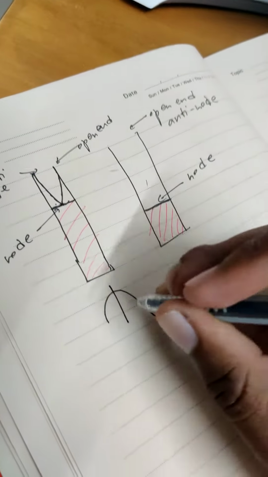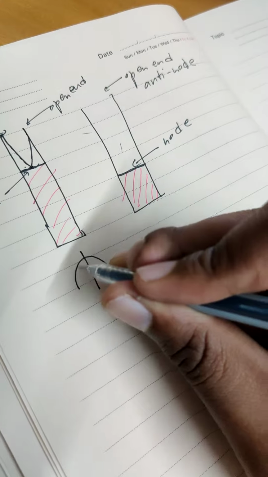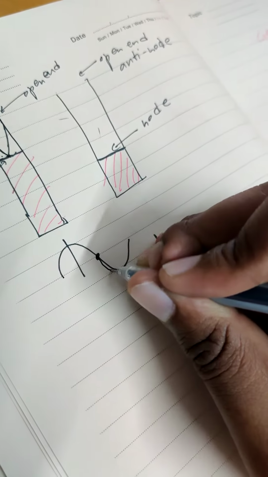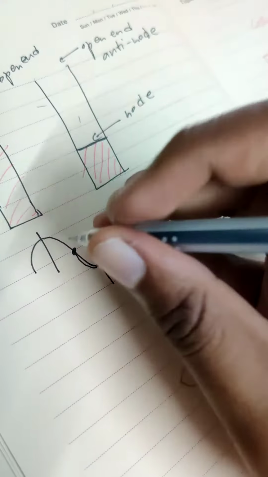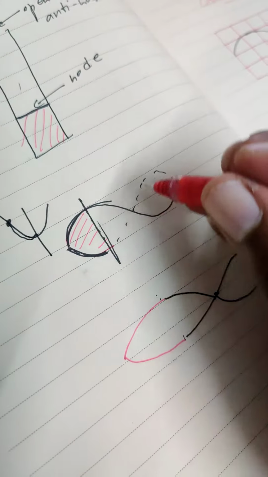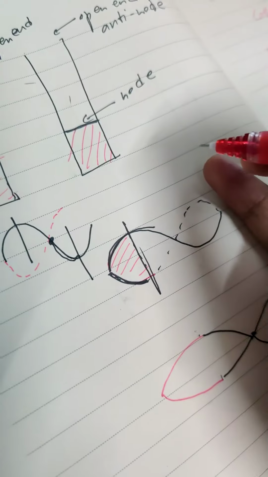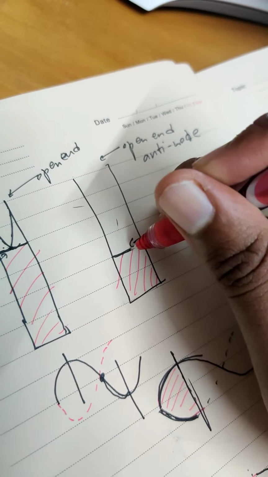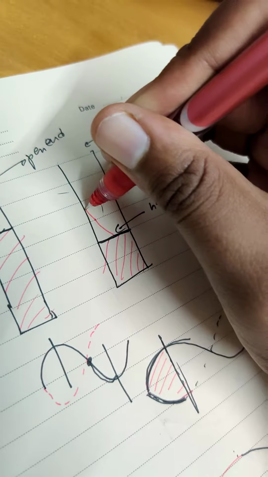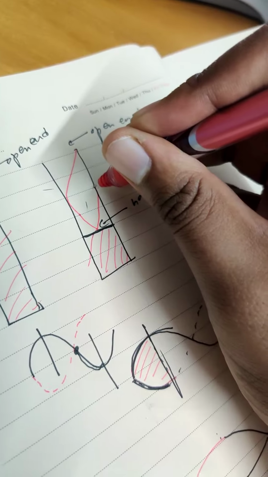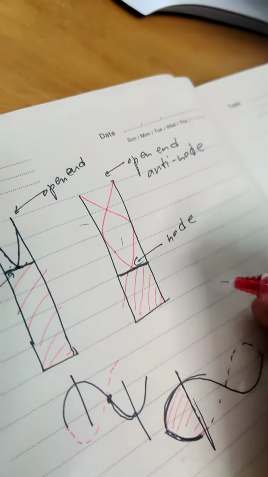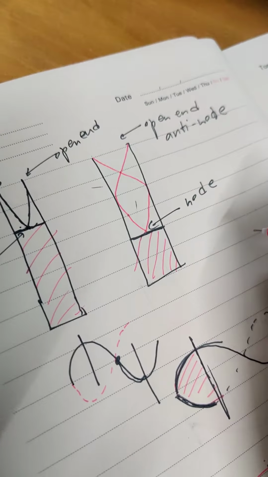So basically this is 1/4, this is 2/4, and this is 3/4, from here to here. If I complete the pattern for the standing wave, it looks like that, right? That's the pattern that we'll see.